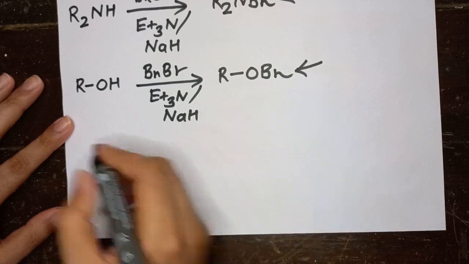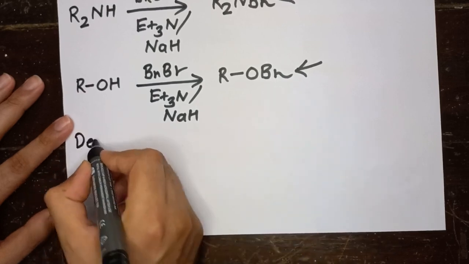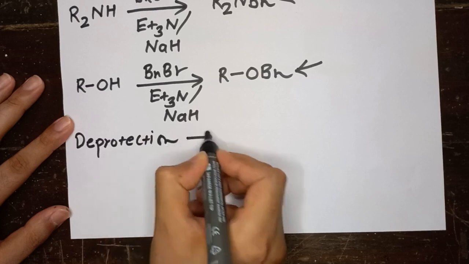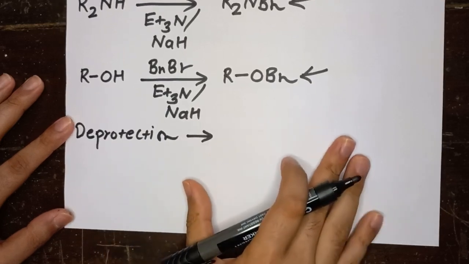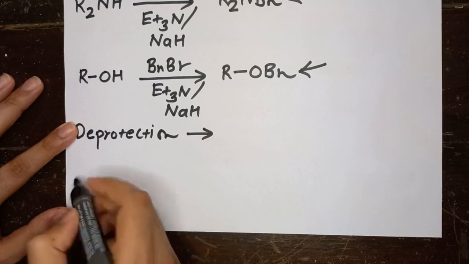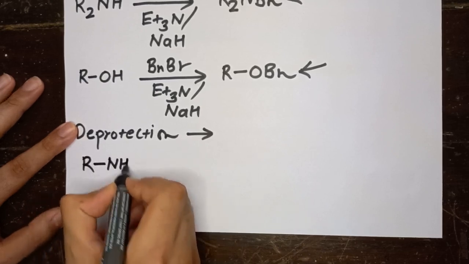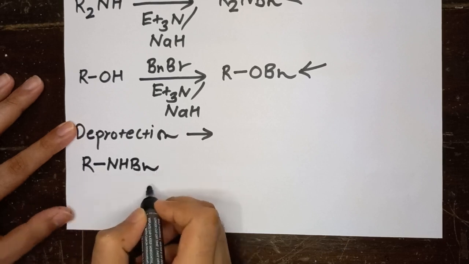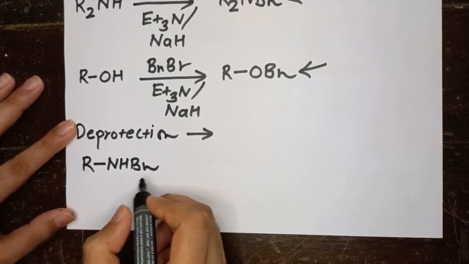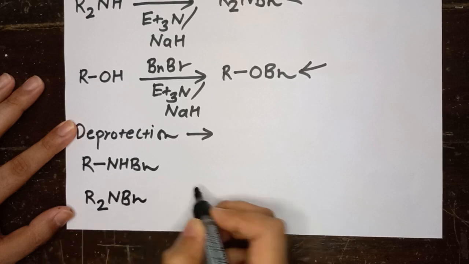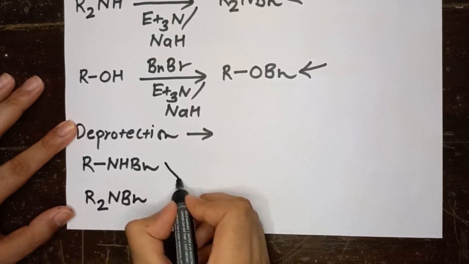Now what about deprotection? Let's talk about deprotection of the benzyl group. So let's say I have a 1 degree benzyl protected group, or a 2 degree benzyl protected group.